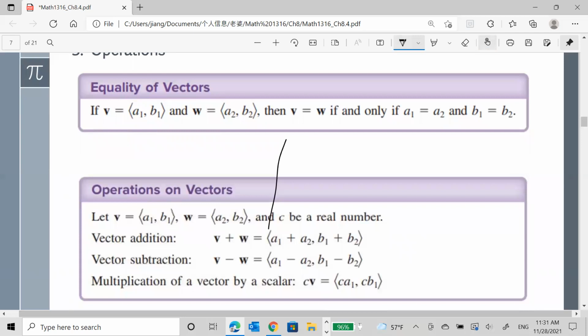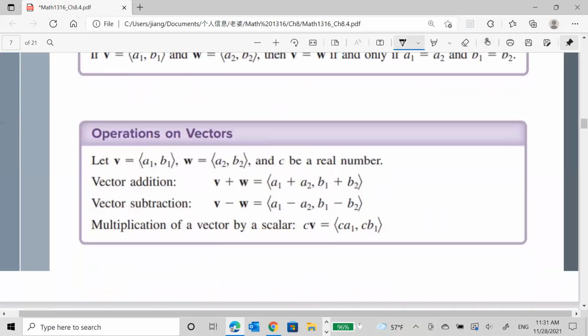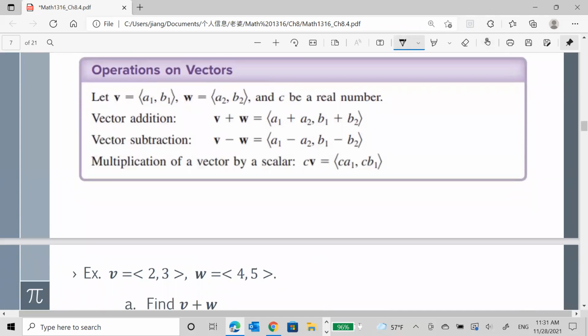So let's see the next part. Operations on vectors. Let v equal a sub 1, b sub 1, w equal a sub 2, b sub 2, and c be a real number. So c is a scalar.